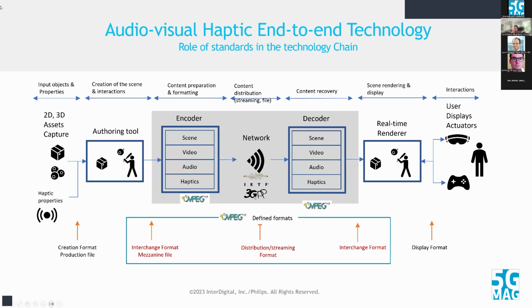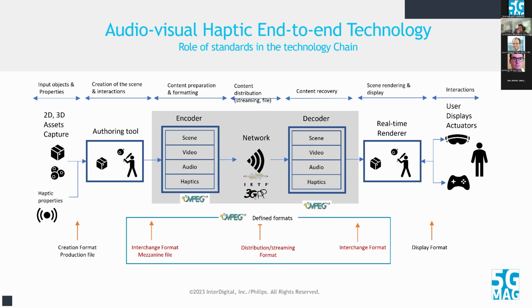Recently, we have been working on adding haptics to this framework. I don't know all the details about haptics because I'm not really into that standard, but the concept is that, given a video, at a certain time point you can trigger some haptic effects.